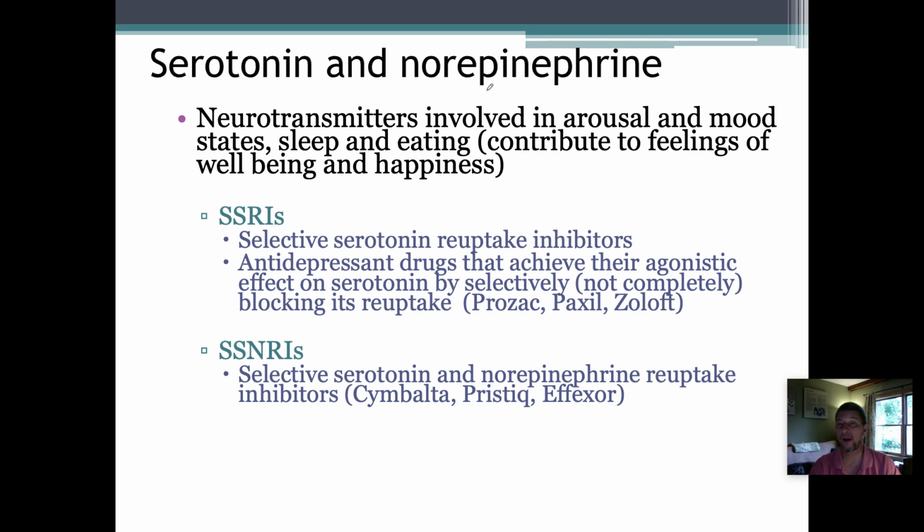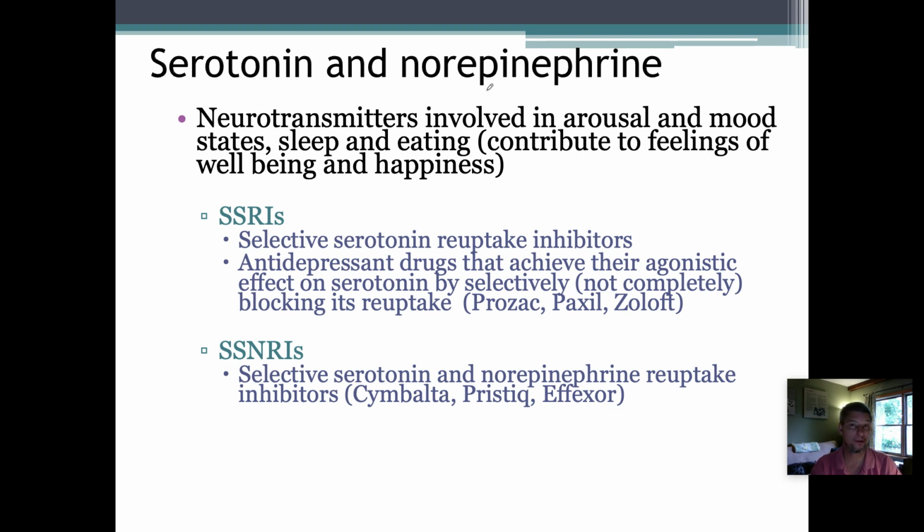Okay, and these are antidepressants, and what they do is they block the reuptake of serotonin, so that the serotonin is still in the synaptic gap and stimulating the next neuron. And this again helps increase feelings of happiness and well-being. Examples of this that are still on the market are Prozac, Paxil, and Zoloft. You may have seen commercials for these.